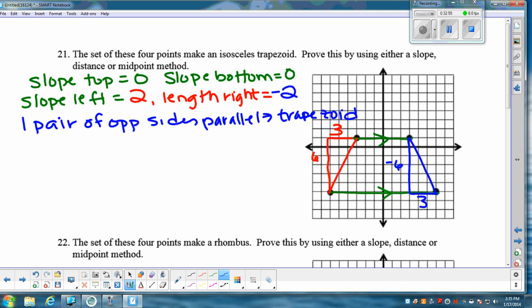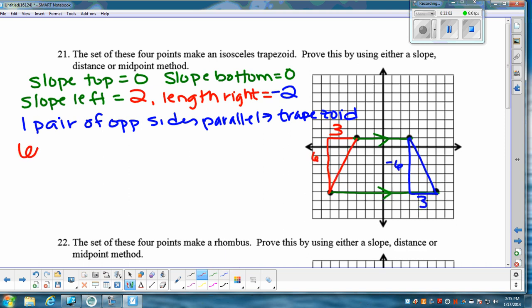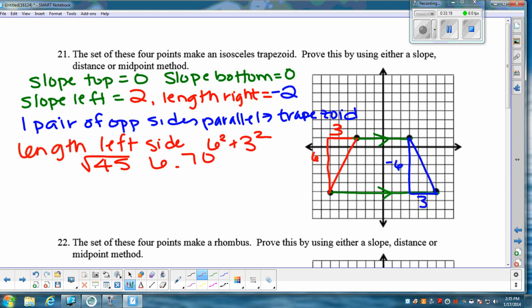So now, since we want an isosceles, we have to check the length of the left and the length of the right. So the length of the left side, we went up 6 over 3, so that's 6 squared plus 3 squared, and we get the square root of 45, or 6.708.